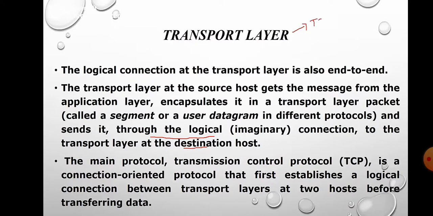The first one is TCP, that is Transmission Control Protocol, which establishes the connection-oriented service. That means TCP is a connection-oriented protocol. It will establish a logical connection between the transport layers at two hosts before transferring the data. And one more protocol is UDP, that is User Datagram Protocol.